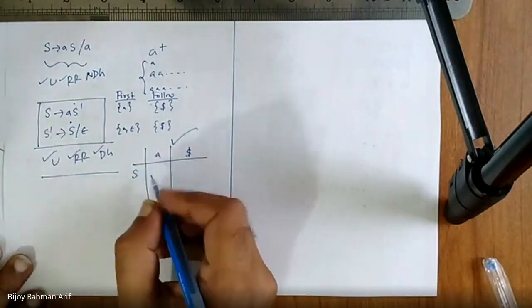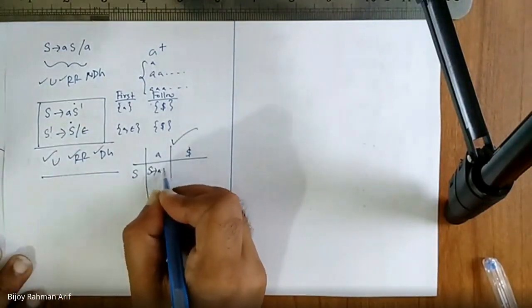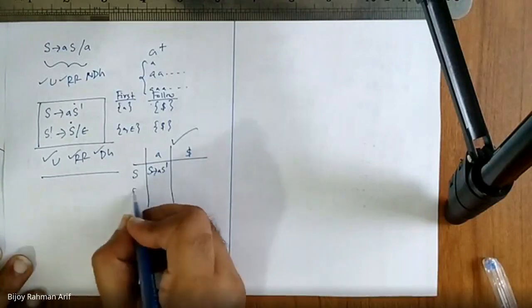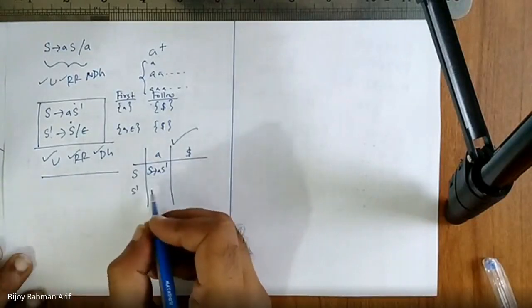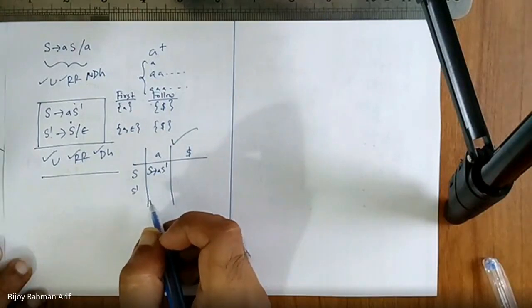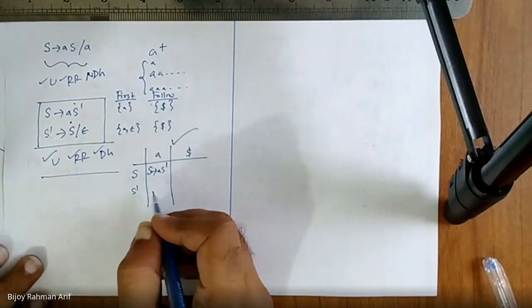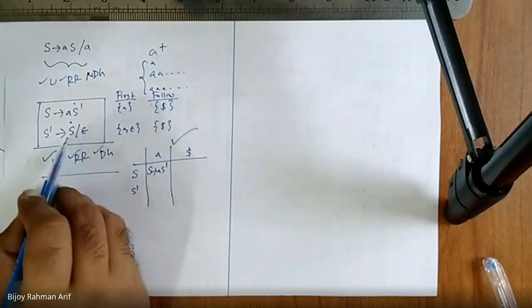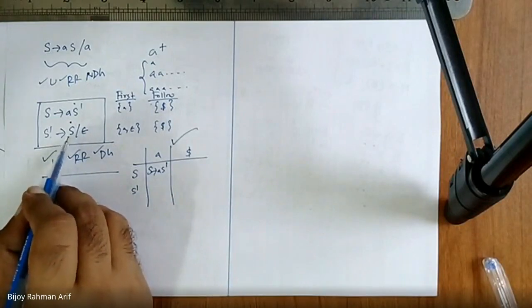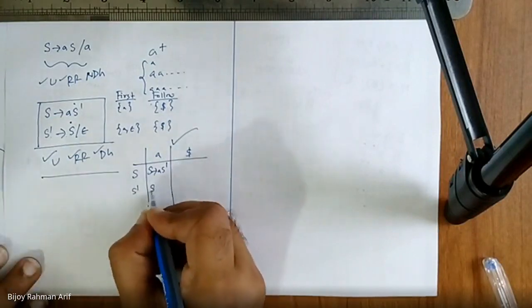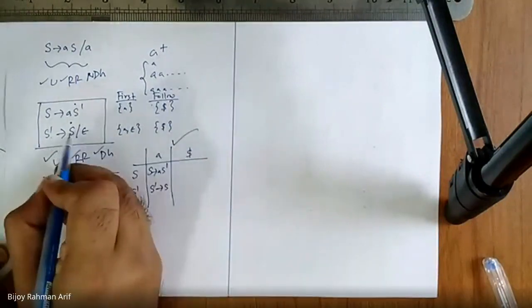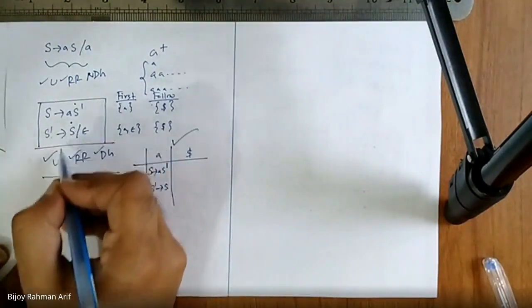The first production should be S derives A S dash. The second one is S dash, which should be put on first of S. Why should we put this one there? First of S. So S dash derives S should be here, and it can also be epsilon.